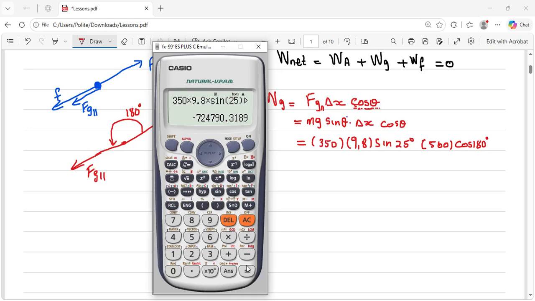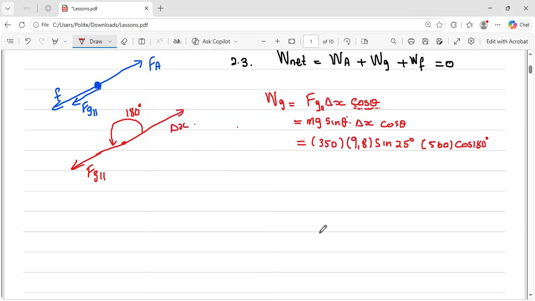And this is negative 724,790.32 if we round it off to 2 decimal places. So this is equal to negative 724,790.32 joules. So this is the work done by the F_g parallel.